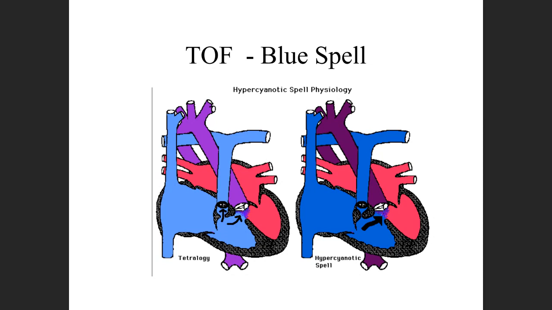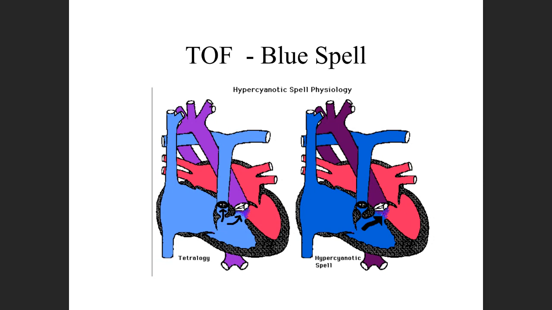And in some cases, when the blue spell is severe and the right to left shunt is markedly increased, these patients, because of cerebral anoxia or hypoxia, will faint. They become unconscious, or they have a seizure, or if there's a severe and prolonged blue spell, they may actually perish. The other thing that you will notice is that these patients breathe very fast.